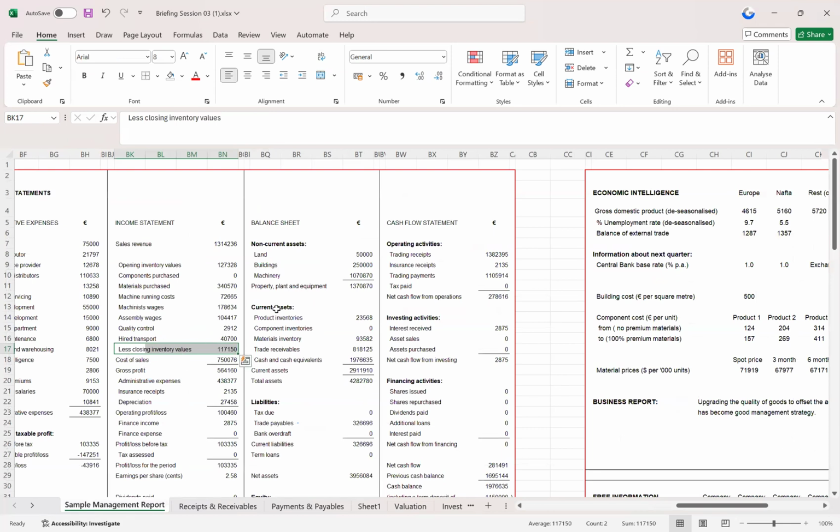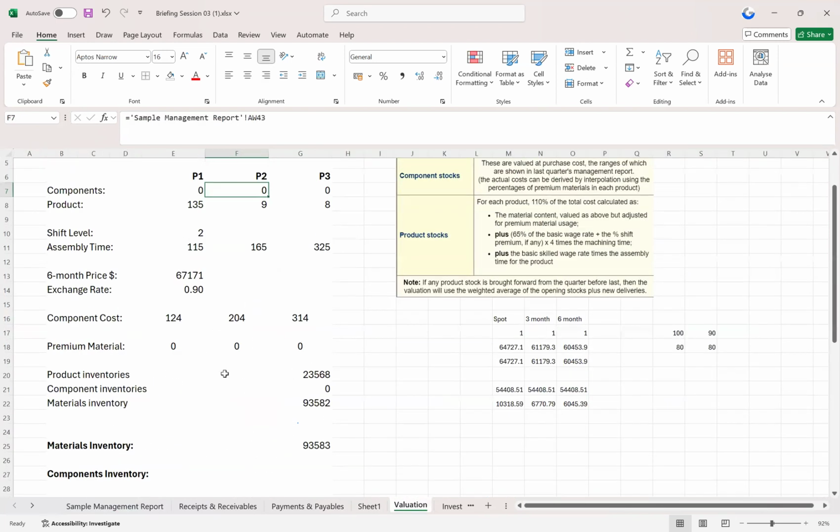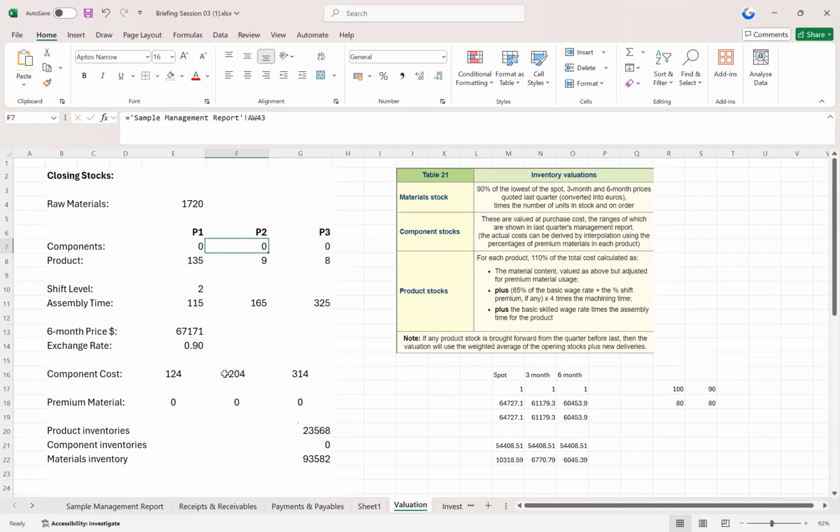In the case of components, I lose zero in my income statement, because whatever gets added here as expense is reduced over here. In the case of materials, the value reduced is at least 10 to 20% lower than what I actually pay for the purchase. Is this first outcome of valuation clear?